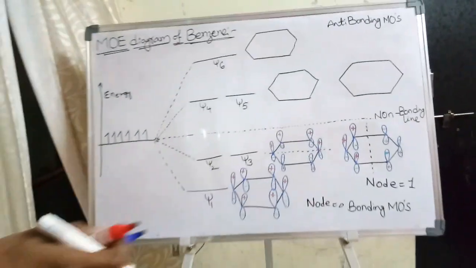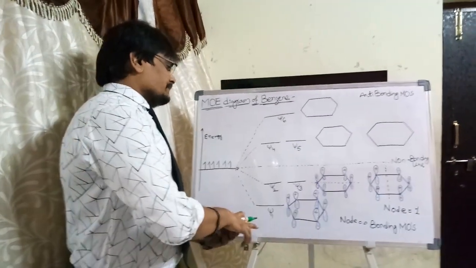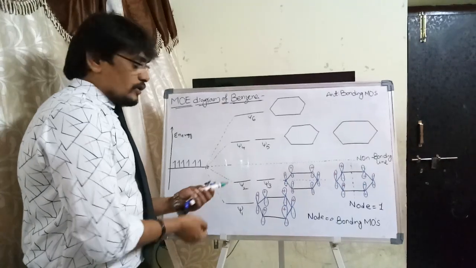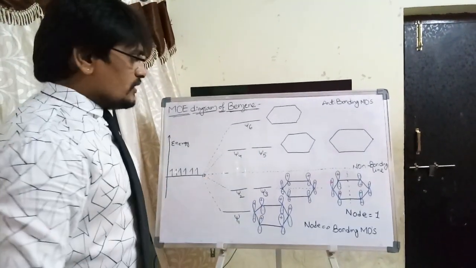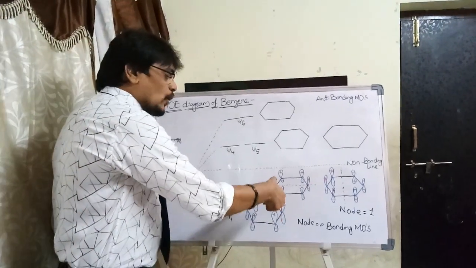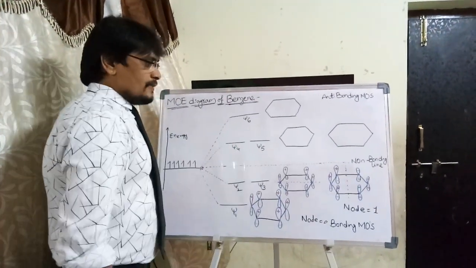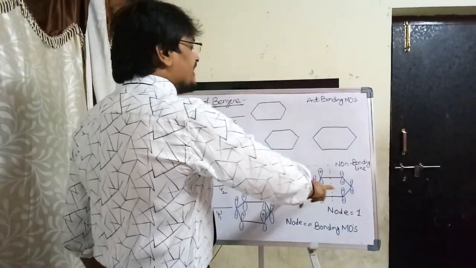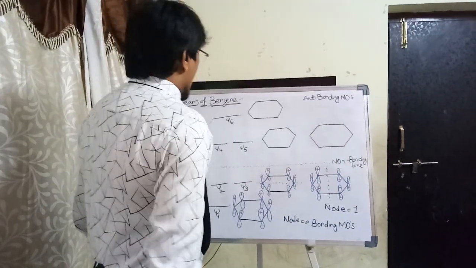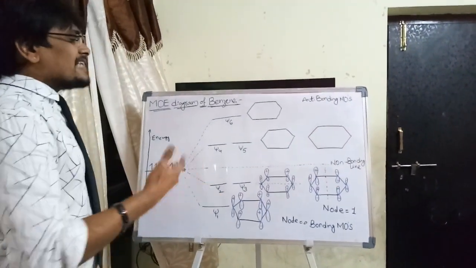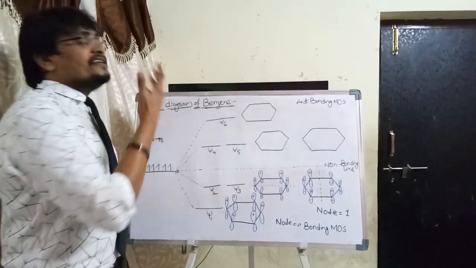Okay. So this is about the bonding molecular orbitals. We have discussed the 3 molecular orbitals. The one is occupying the lowest energy level without any node, and the 2 are the degenerate molecular orbitals with 1 node. As we are moving up, the energy increases.